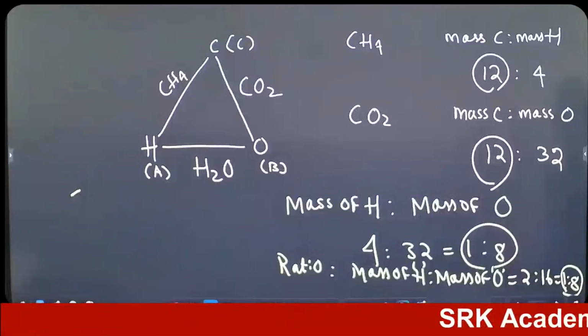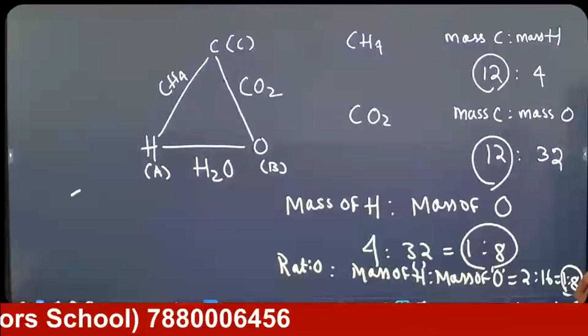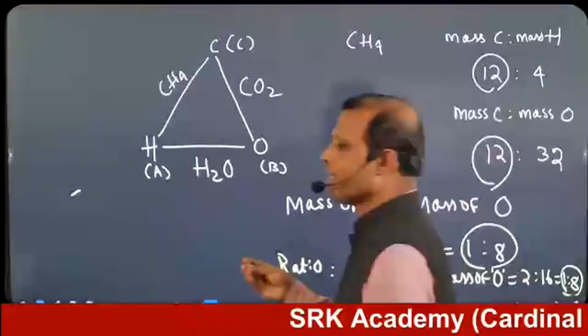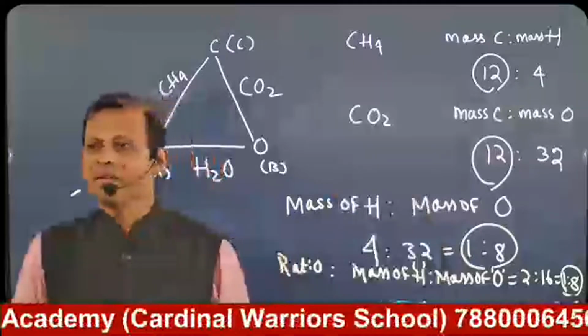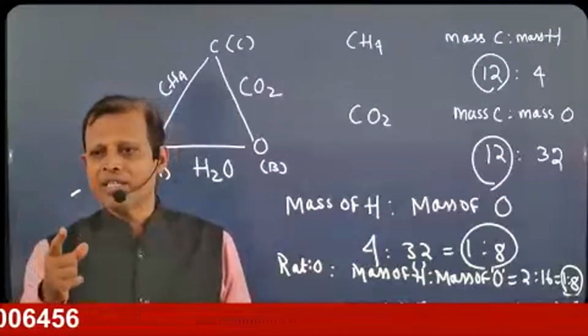The ratio between the masses of two elements which separately combine with a fixed mass of a third element is the same as, or a multiple of, the ratio in which they directly combine together. When they directly combine, the ratio is 1 is to 8. Here we fixed the mass of carbon.